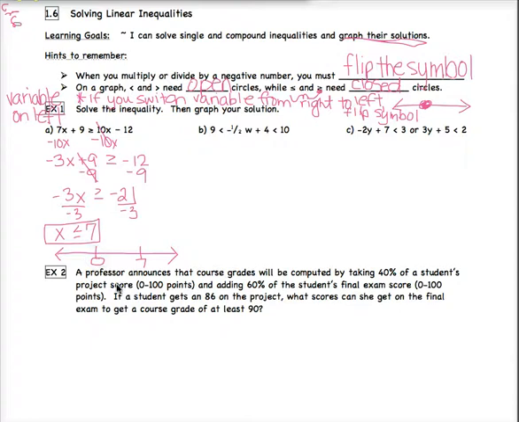0 over here. We need to choose the type of circle, and then we need to choose the direction of the shading. So since there's an equals underneath the less than sign, that means I need a closed-in circle. So I'm going to close in a circle on the 7, and my shading then is going to go to the left, less than, left.